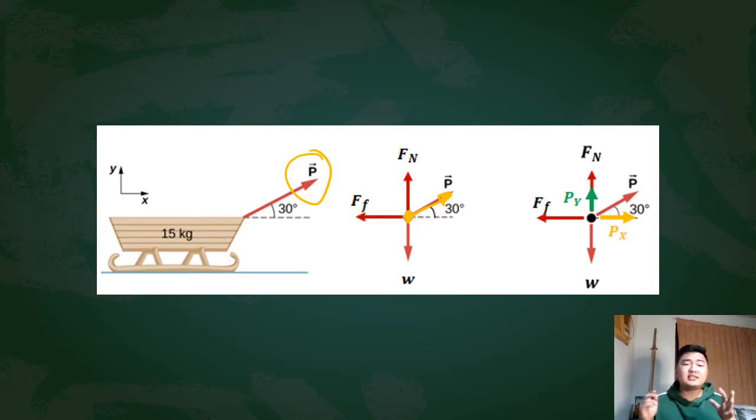Now, it's not just the applied force that is present on that sled, because the sled sits on the ground. Also, your sled has mass, and if something has mass, then it will have weight, since it will be acted upon by the attraction force of objects around it.